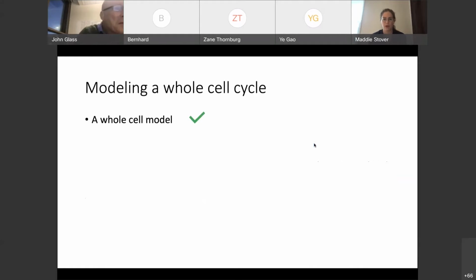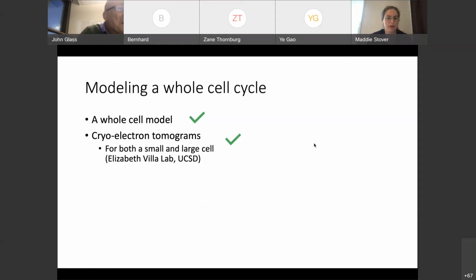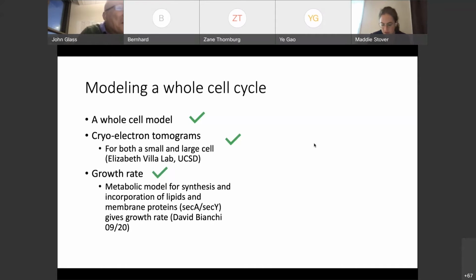So we have this whole cell model, and we want to incorporate an entire cell cycle into the model. To do this, we need the location of the ribosomes throughout the cell growth, which is given to us by cryo-electron tomograms from Elizabeth Vila. And we also need a growth rate, which is given by our lab's metabolic model for synthesis of lipids and membrane proteins and the incorporation of these membrane proteins via the SecA, SecY system, which was discussed by my colleague David earlier this morning.